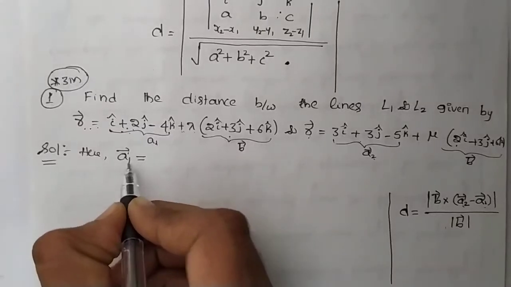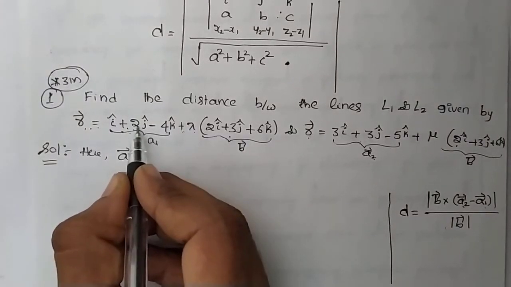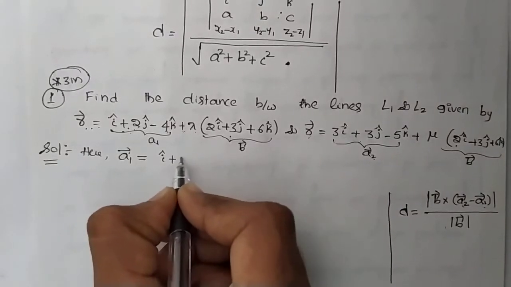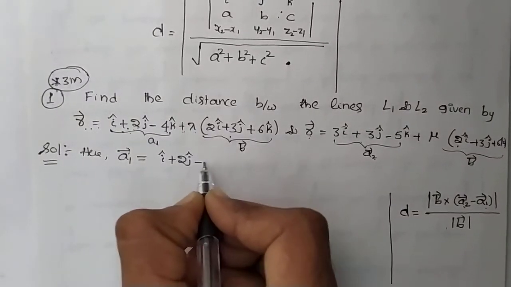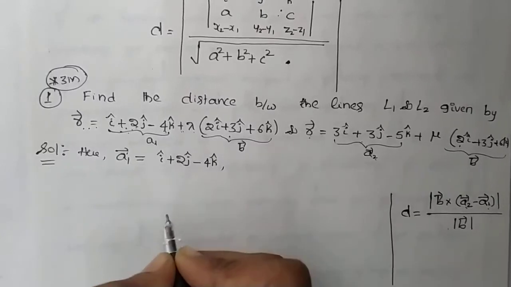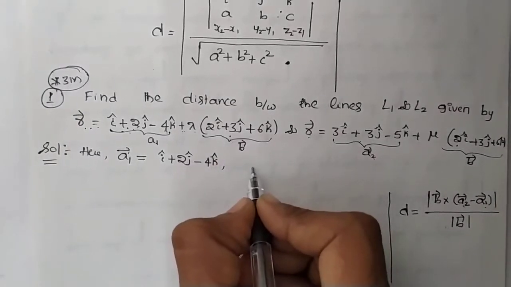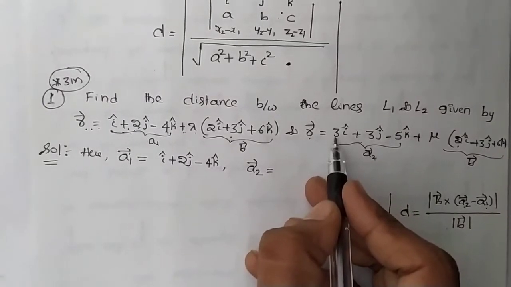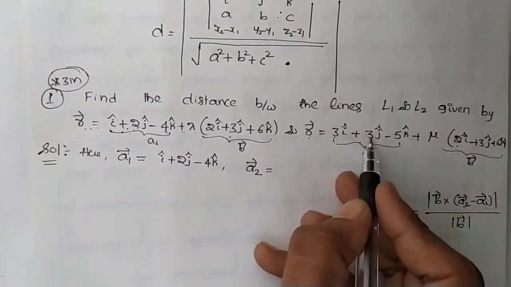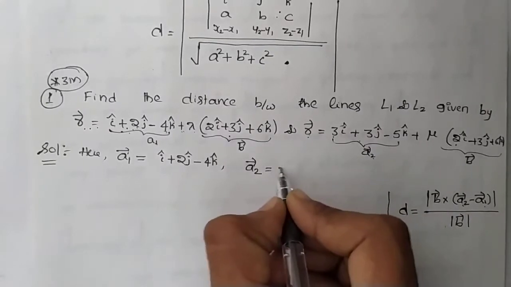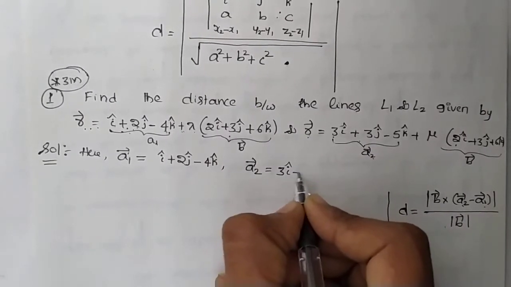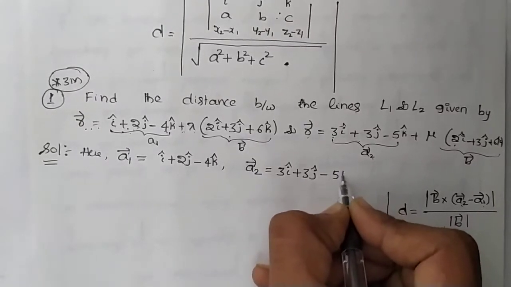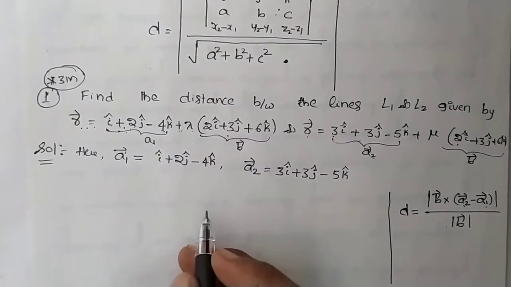Now a1 vector is what? I cap plus 2j cap minus 4k cap, right? Next, a2 vector equals 3i cap plus 3j cap minus 5k cap. Now what about b vector?